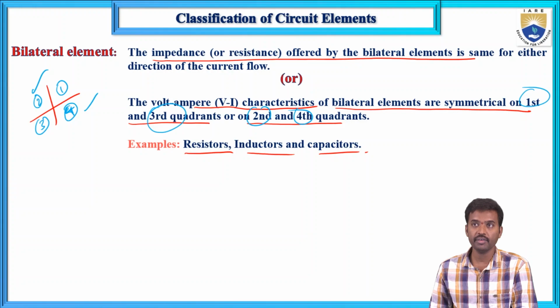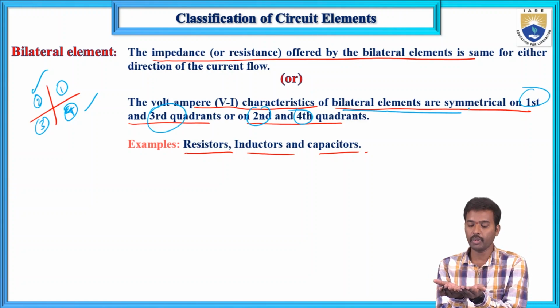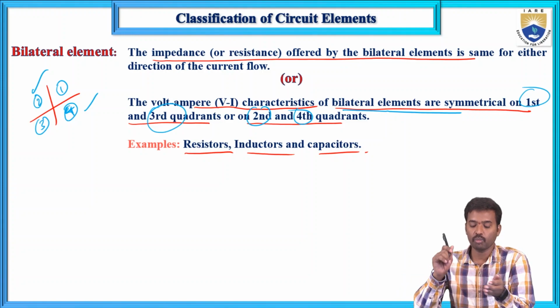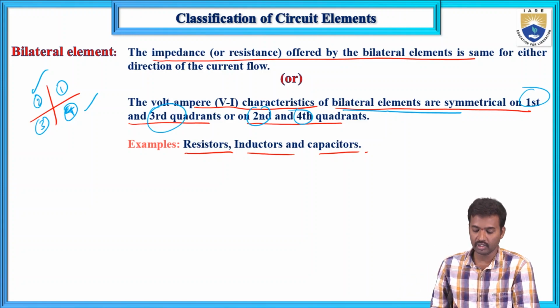Such elements are known as bilateral elements. If it is a paper, fold it and draw the graph. If you fold the paper like this and like this, both graphs should coincide in that case, and such elements offer the same impedance.